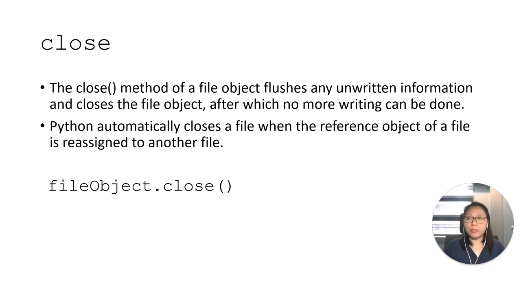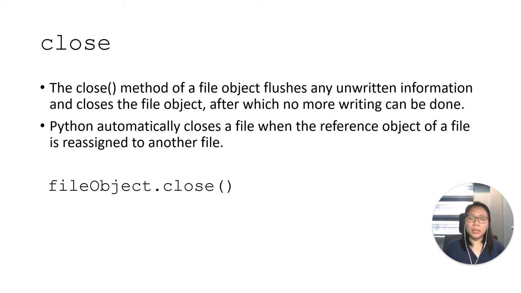And of course, if we open a file, we should also close it. That's why there is a close method in Python. Here, the close method flushes any unwritten information and closes the file object, after which no more writing can be done.